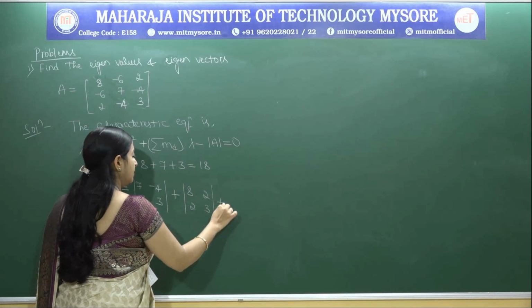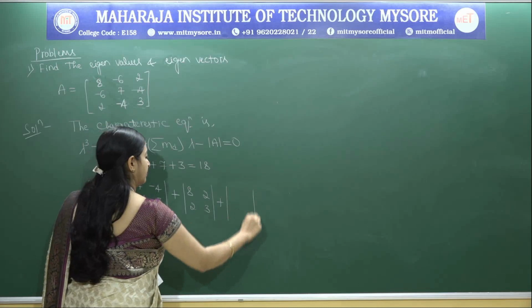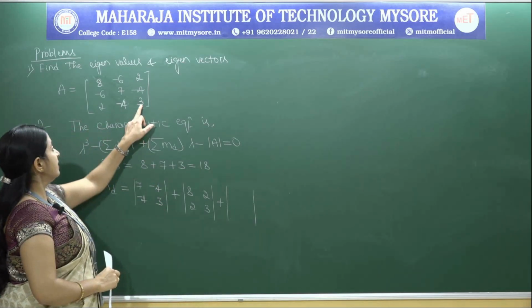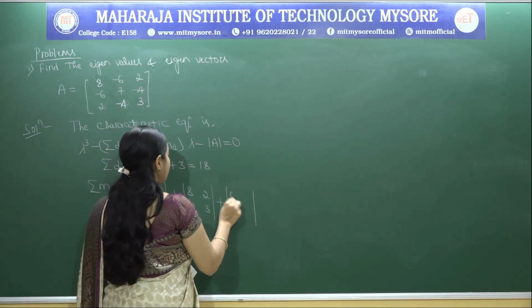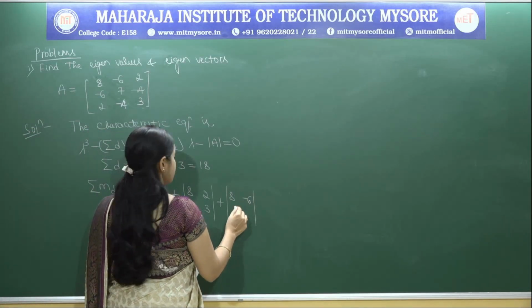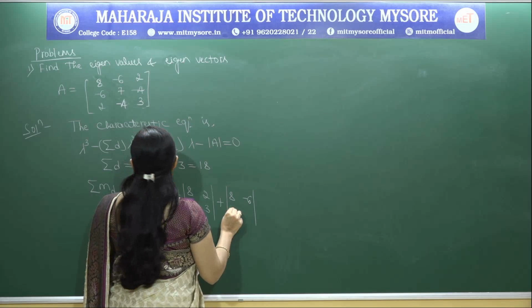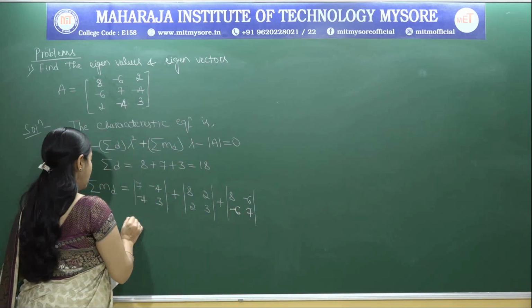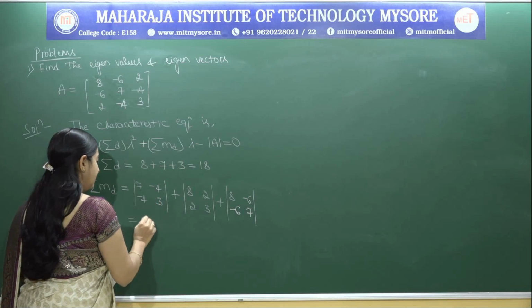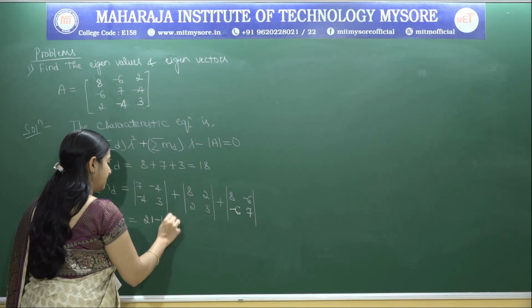So the third one, this is the diagonal entry, delete this row and column, take the determinant of 8 minus 6 and 7. So take the determinant. So the first one, it is 21 minus 16.